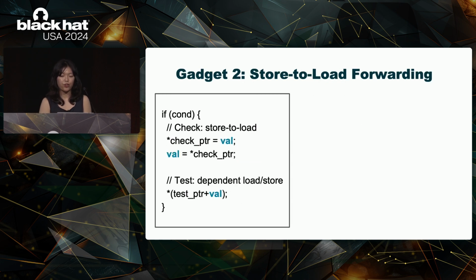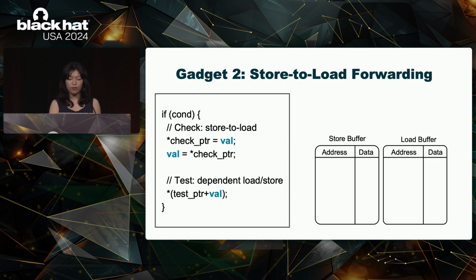And the second gadget triggers the store-to-load forwarding behavior in the CPU. In the check block, it stores a value to the check pointer and then immediately loads this value from the check pointer. In this case, the CPU optimizes the performance using internal buffers to log recent store and load instructions.